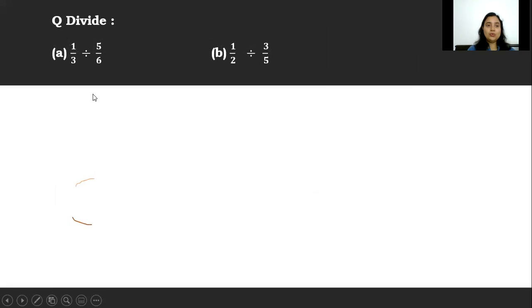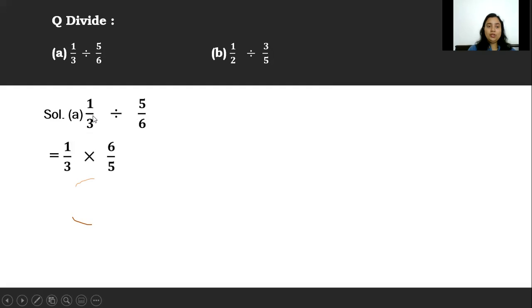This is even easier. Look at this. The first part. Write the fraction as it is first. 1 by 3 divided by 5 by 6. Now don't do any kind of change in the first fraction. Let it be like this. Convert this sign into multiplication, and as a result you have to write the reverse of the second fraction, that is this one, right hand side, 5 by 6.